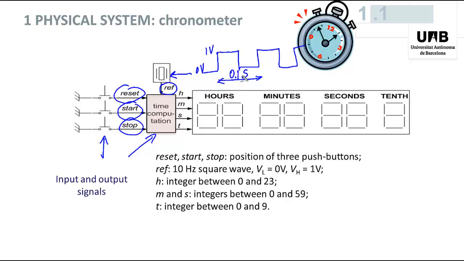There are 4 output signals that control the chronometer display. Those signals are H, that correspond to the display of the hours, M, corresponding to the minutes, S, corresponding to the seconds, and T, corresponding to the tenths of seconds.